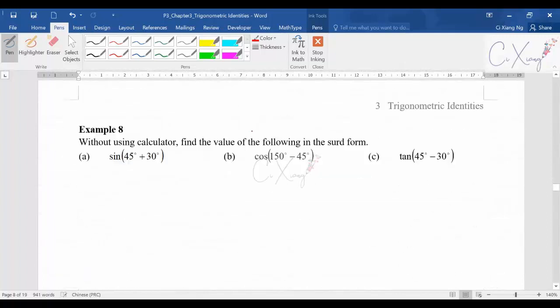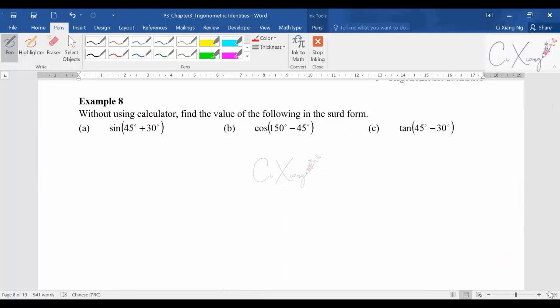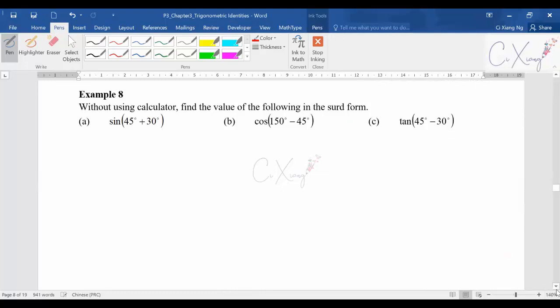What I want to do now is focus on examples of how to actually apply all these identities to get the answer. As an example, if I have cos (150 minus 45), you should get 105.